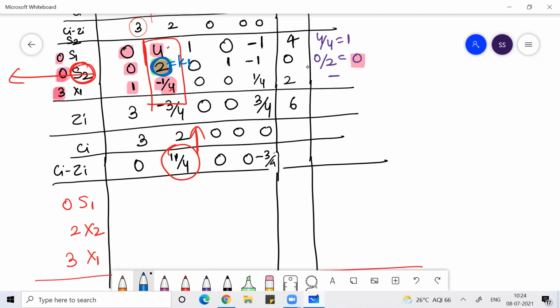So the 2 is your pivot element. To find the values of X2, which is your new element, how will you find? 0 divided by 2, 2 divided by 2, 0 divided by 2, 1 divided by 2, minus 1 divided by 2, and 0 divided by 2. This is your new element. Clear, everyone?